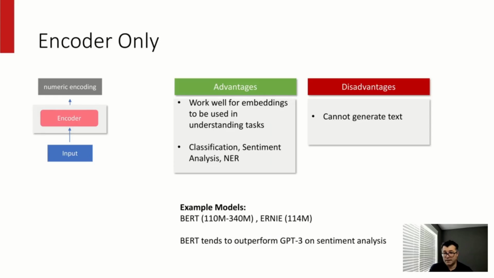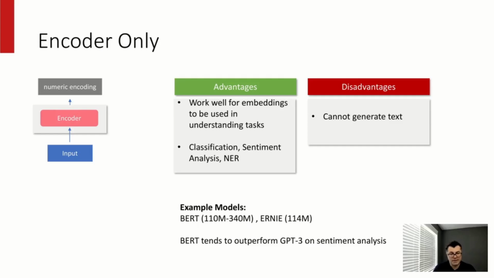So one category of models was encoder only. Encoder only does not have that entire decoder piece. It just generates a numeric encoding. And so when you start looking into these models and try to understand what they're designed for, it turns out that these models work very well in this numeric representation.